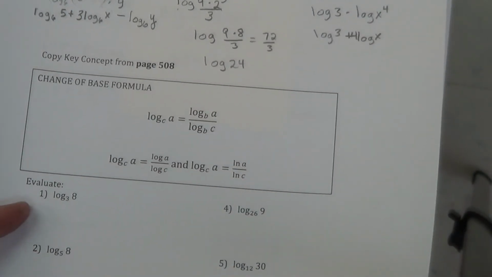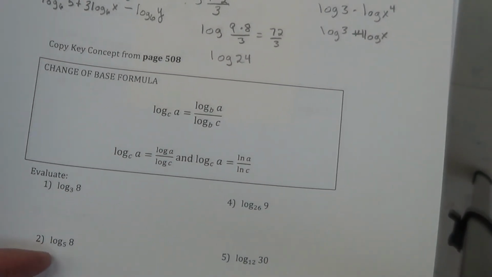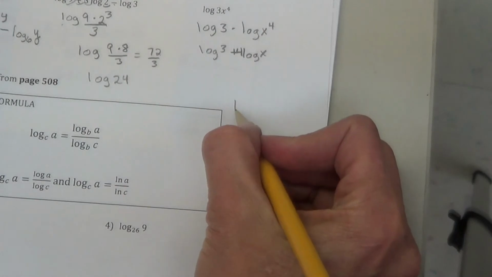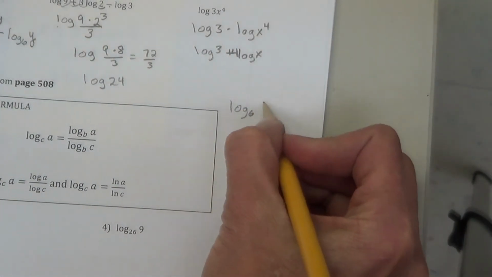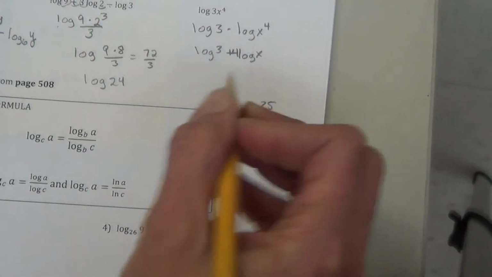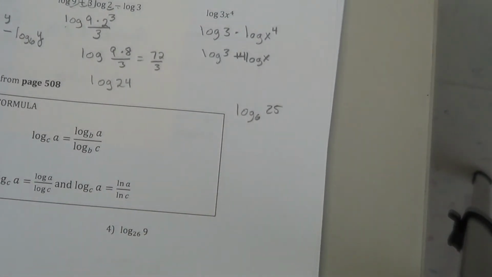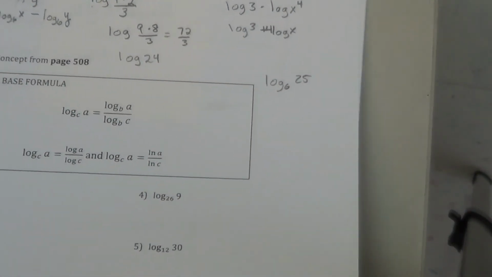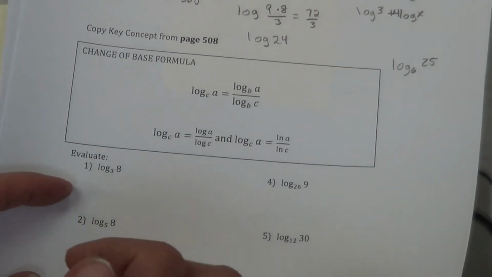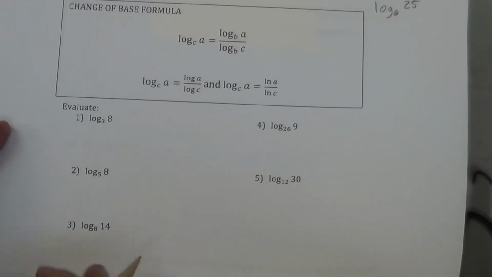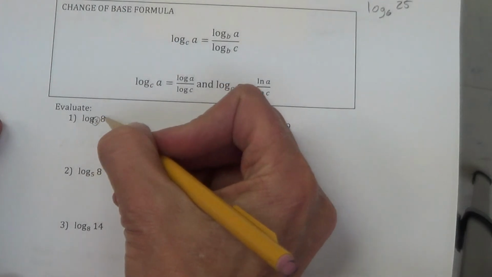Okay, change of base formula. These are pretty neat because in a calculator, you can't plug in log base 6 of 25. And obviously we can't just figure that out in our heads. So here's what we do. And this is how a student taught me that they remember it. See how the base is right here?